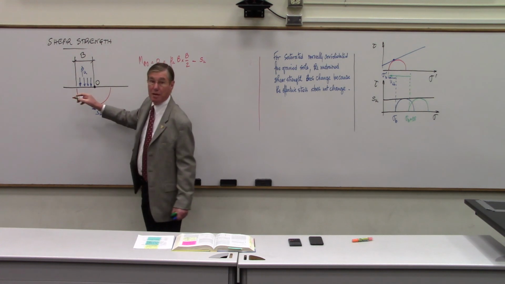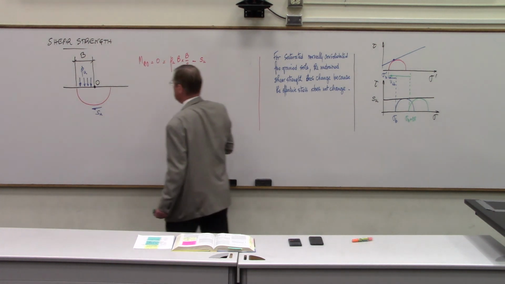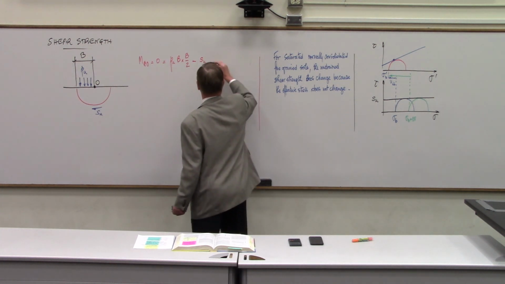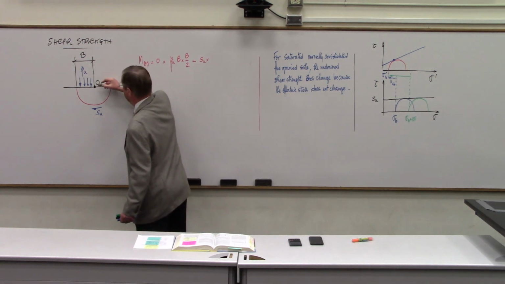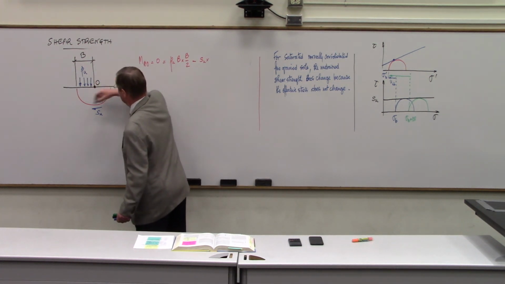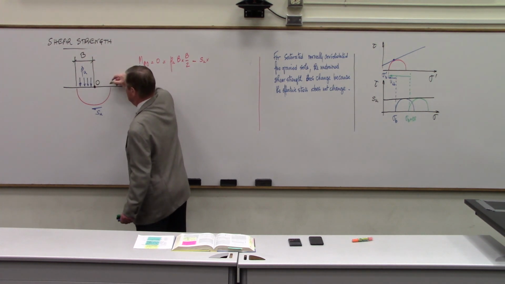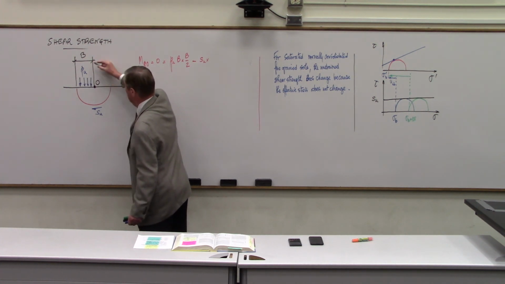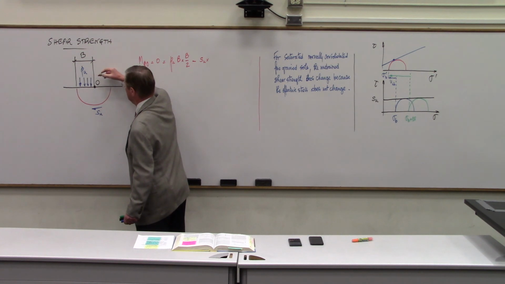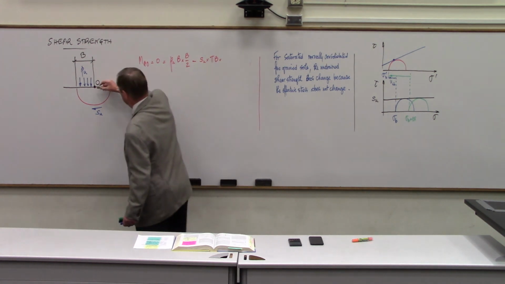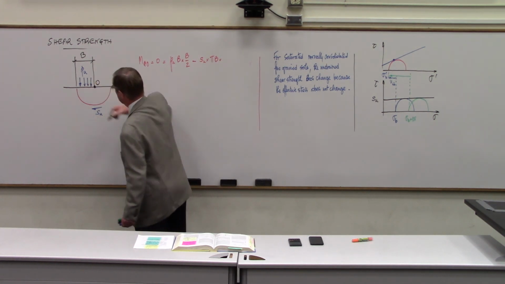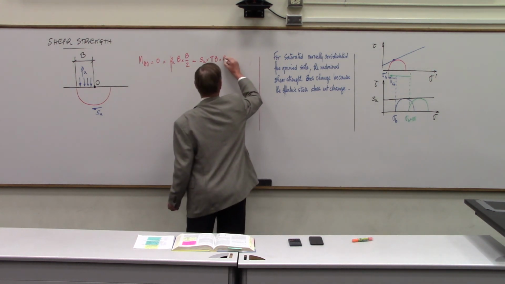I'm going to multiply by the line length associated with the circle, so the total circle would be 2 pi r, but r is B, so that'd be 2 pi B, but I've got half the circle, so I've got pi B. And then the moment arm of this resisting force is B.